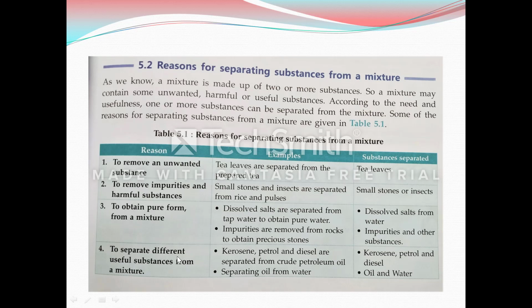Fourth point is to separate different useful substances from a mixture. Kerosene, petrol and diesel are separated from crude petroleum oil, and the separated substances are kerosene, petrol and diesel. From underground you get crude oil, a very thick, viscous oil.